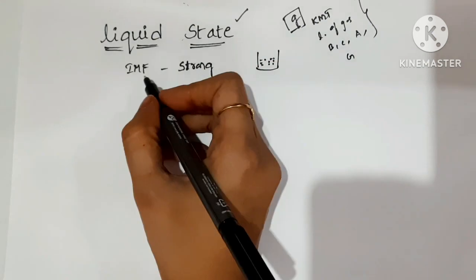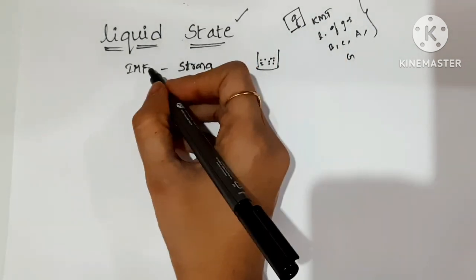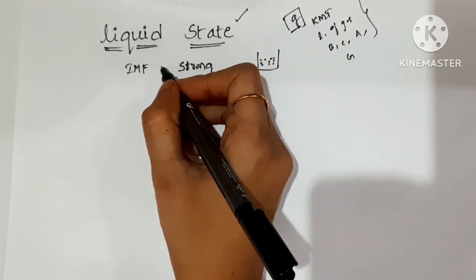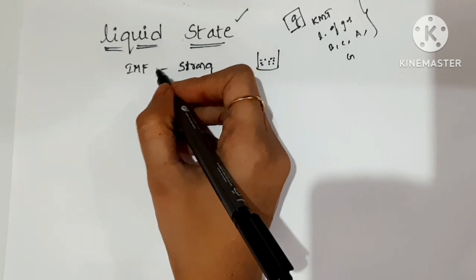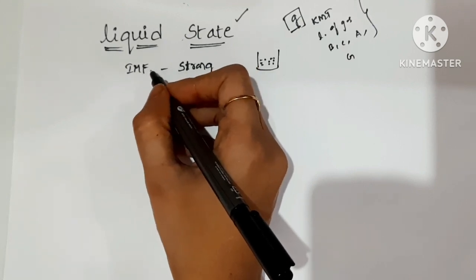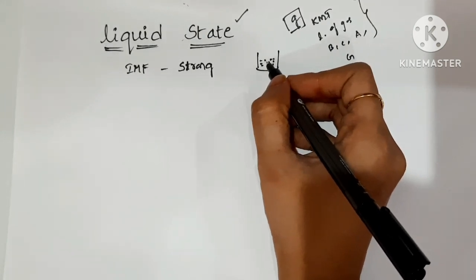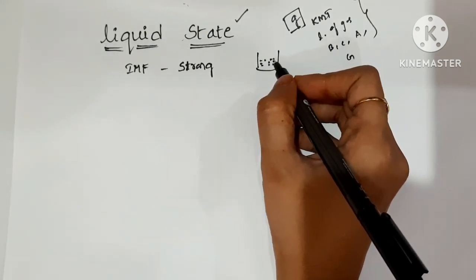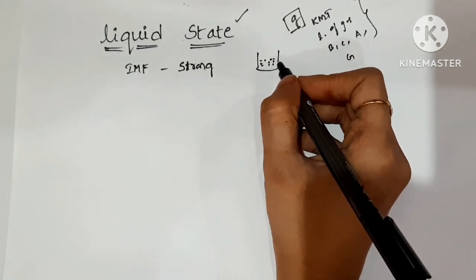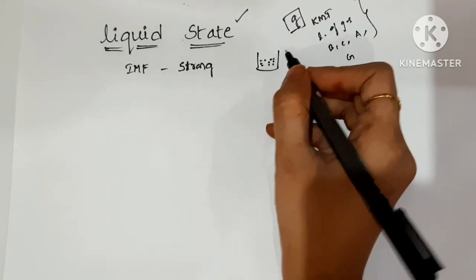That means intermolecular forces, meaning there are attractions and repulsions, both are there. These intermolecular forces are very high in liquids. Why? Because molecules are placed very closely to each other. That means attractions and repulsions between them are very high.